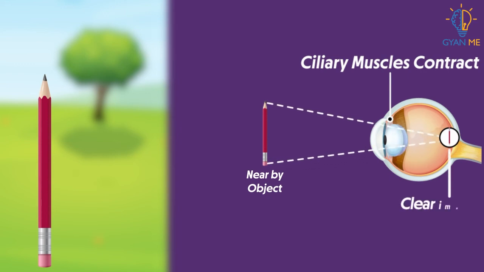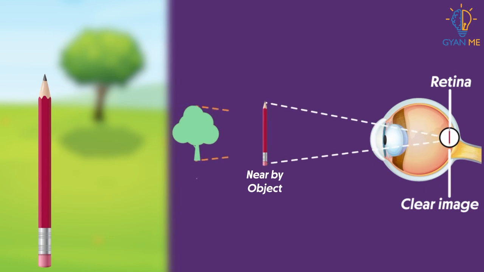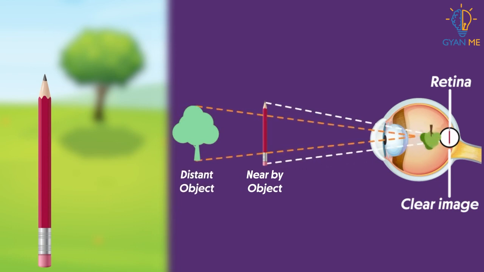This will form a clear and sharp image of the pencil on the retina. Now at this focal length, the image of the tree, which is at a larger distance in the picture, would form in front of the retina and hence it would blur out.